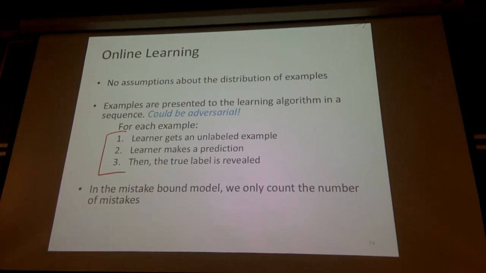The learning algorithm is called a mistake-bound algorithm for a concept if the number of mistakes that it makes is only polynomial in the dimensionality of the problem. A concept is said to be learnable in the mistake-bound model if there exists a learning algorithm.